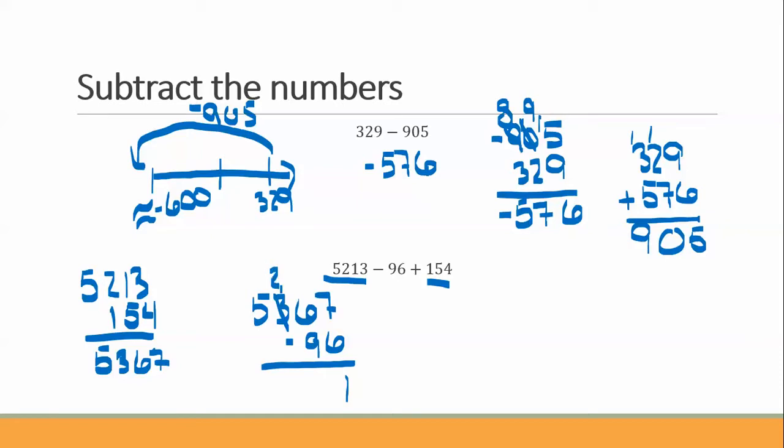We'll make that a 2 and make that a 16. 16 minus 9 is 7. And then we have 2 and 5. So the answer when we evaluate this, 5,213 minus 96 plus 154, is 5,271.